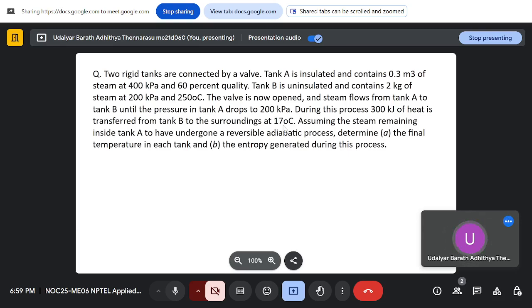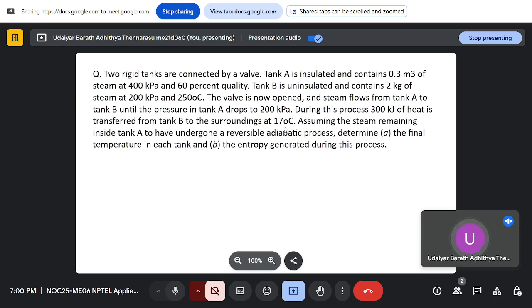In the first case we know the vapor fraction and the pressure, with which we can estimate the specific volume, and since we know the volume we can find out the mass. So tank A quantities can be found out, and for tank B the mass is given.